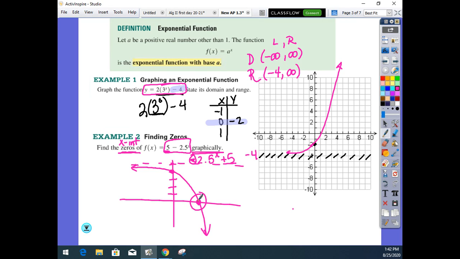Now, here's the important thing. In order for the calculator to find this, the first words it says along the bottom is left bound. You're going to use the left and right cursors to tell your calculator this is the left side before it crosses the x-axis, and you're going to hit enter.